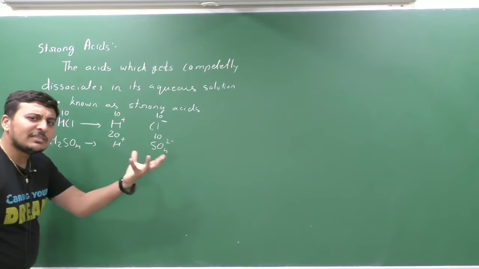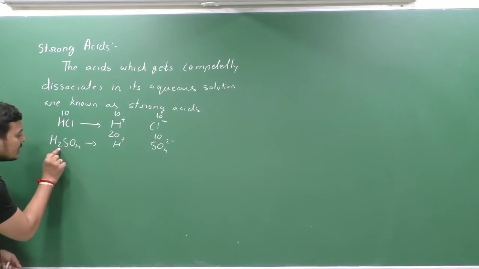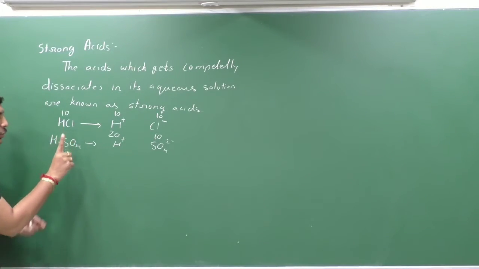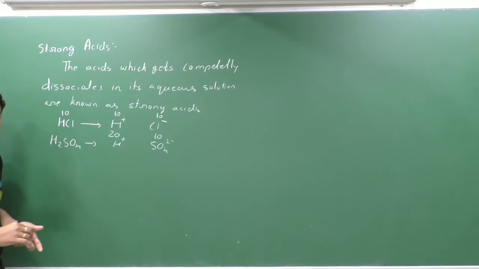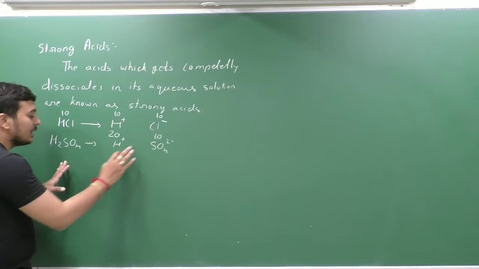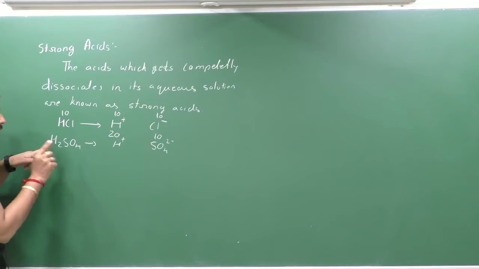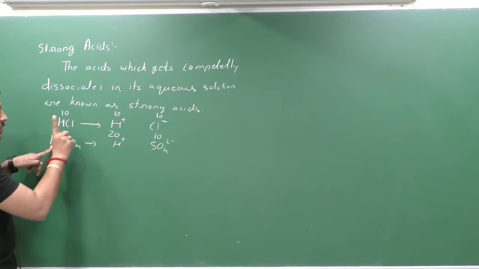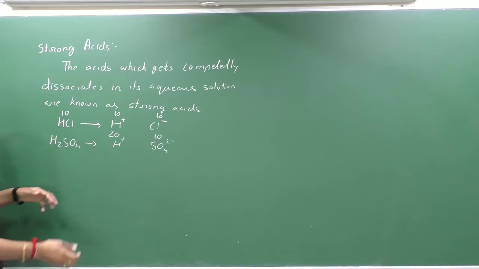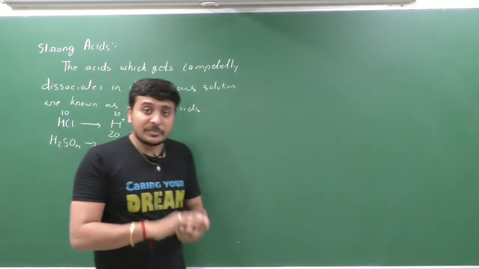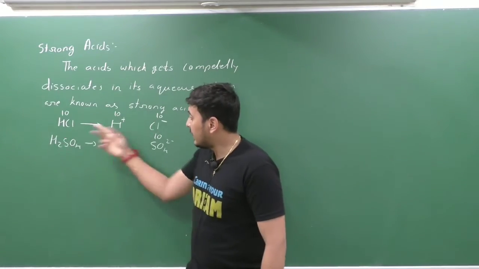See, it is quite simple to understand. There are 2 hydrogen in 1 H2SO4. Then in 10 H2SO4 we will have 20 H plus and SO4 will be 10. Why? Because there are 2 H plus in 1 H2SO4. So in 10 H2SO4 there will be 20 H plus. It means if you are adding 10 HCl, then 10 is divided.